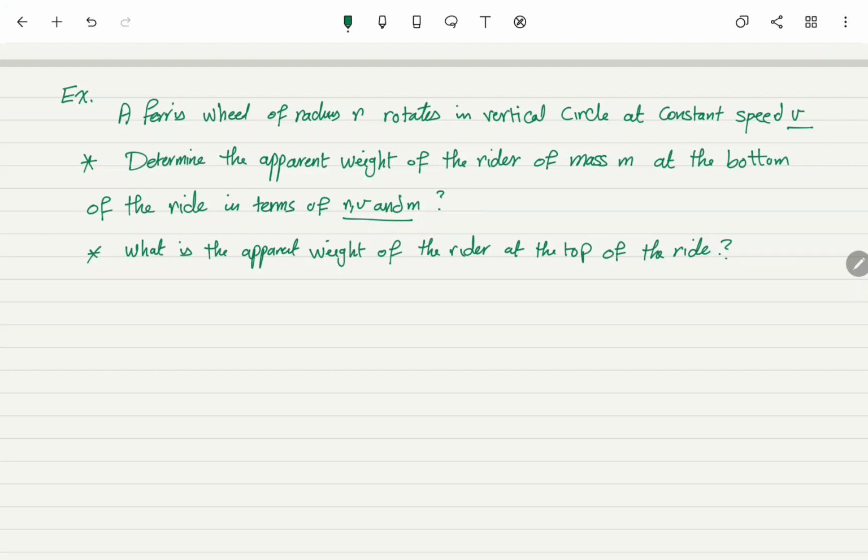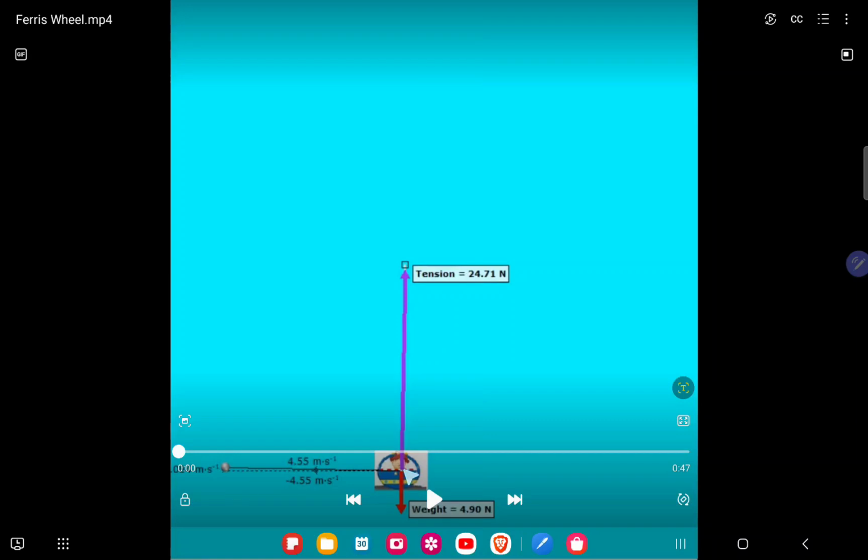Now, before solving this example, let's look at this model. As we can see, we have two forces. The weight of the child is going down, it's mg. We're not actually interested in the tension because this is connected with the cart itself, and we are interested in the child itself.